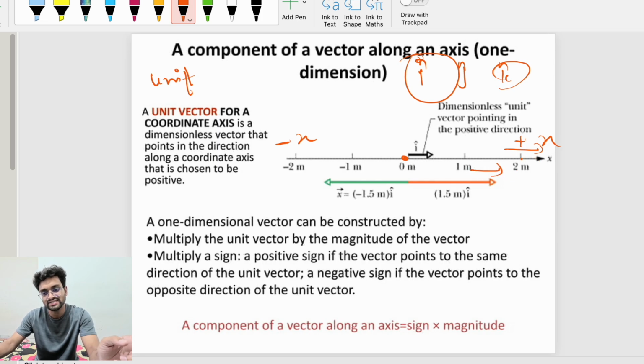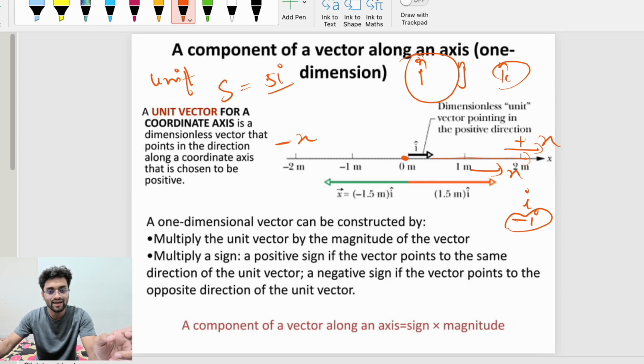For the positive x-axis we denote i, and for the negative x-axis we denote minus i, just multiplying by minus. If you want to write a vector with some magnitude, just write the unit vector with that magnitude. Let's say we have a displacement s equal to 5i.